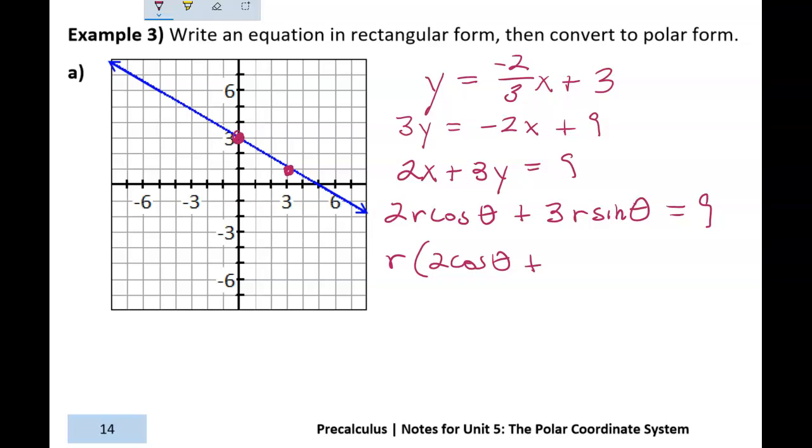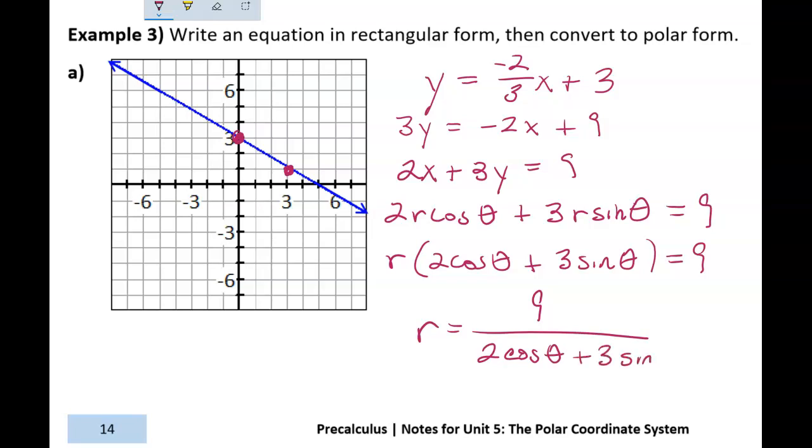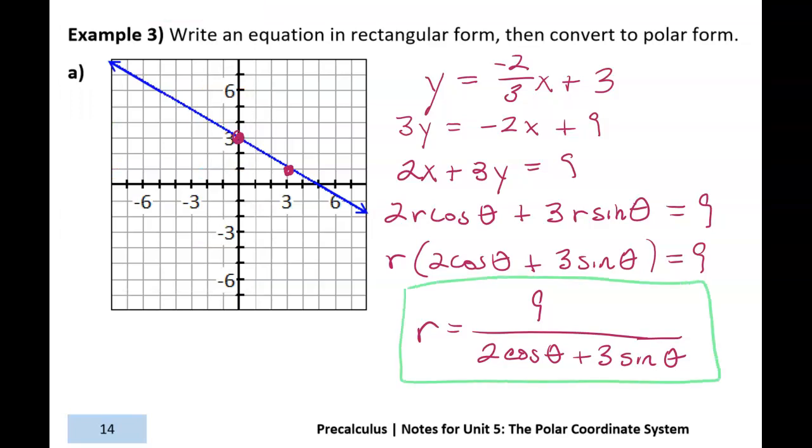Factor out that r, and divide. And we get our equation in polar form.